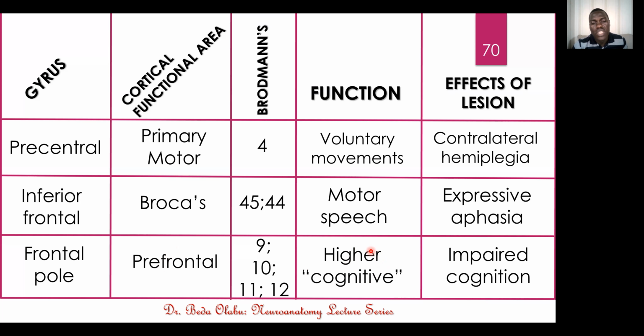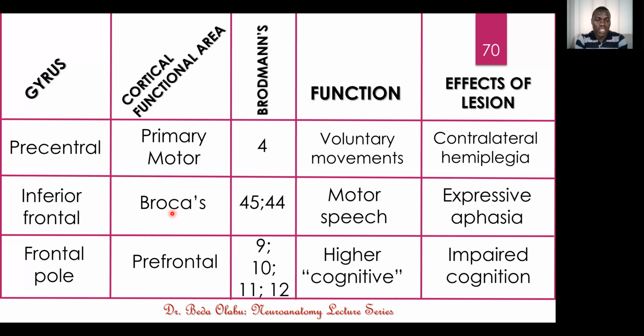So if you injure one cognitive area, one side, you don't necessarily abolish cognitive functions, you just impair them. However, the Broca's cortex is only on one side of the hemisphere. It is only present on the dominant hemisphere.